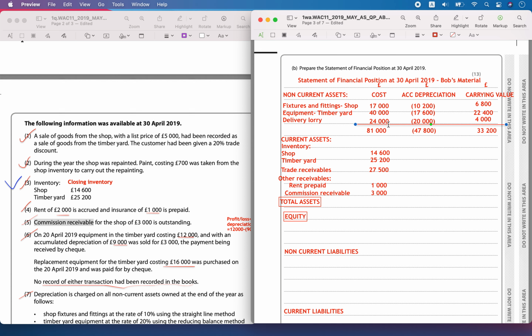Now let's add up the total current assets. That value is 14,600 plus 25,200 plus 27,500 plus 1,000 plus 3,000, which is equal to 71,300.